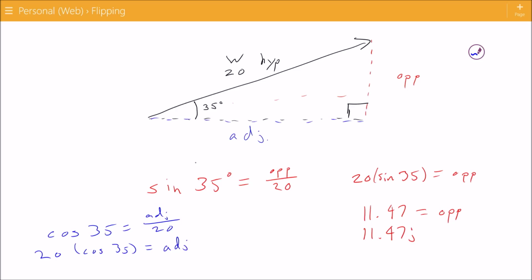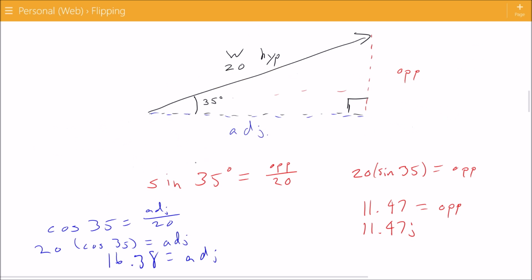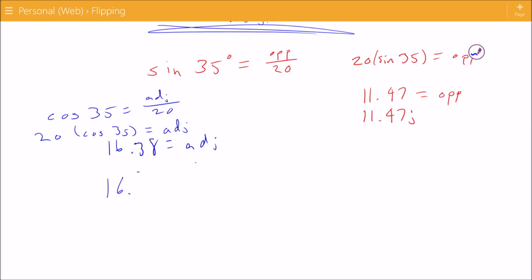That gives me 16.38 equals my adjacent side. And my component vector that I get from here, this is again the horizontal. That's the horizontal, is 16.38 i.